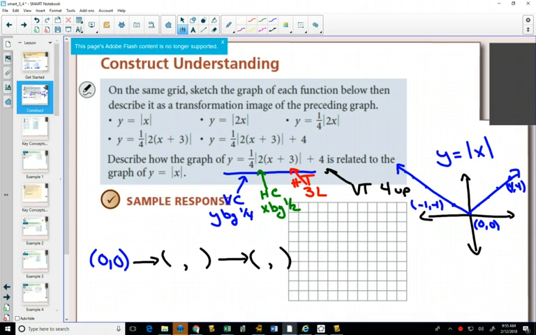So the first arrow will always be what you're multiplying by. We're multiplying y by 1/4 and x by 1/2. Your second arrow will always be your translations, always moving things up and down, left and right. And in this case, we're moving 3 to the left and 4 up.